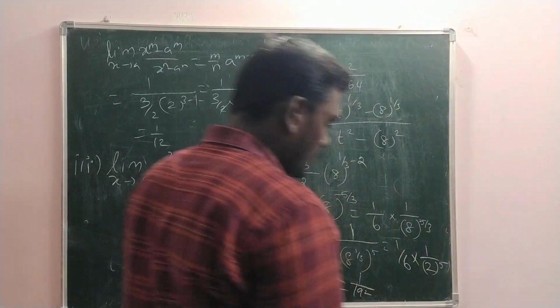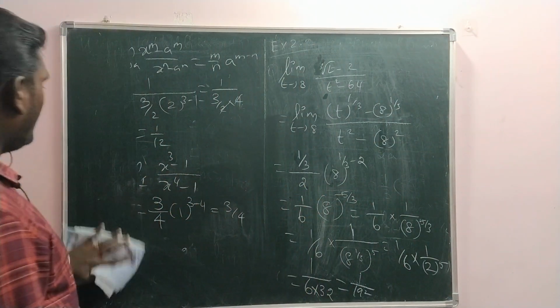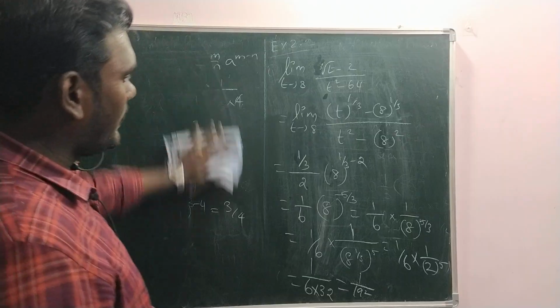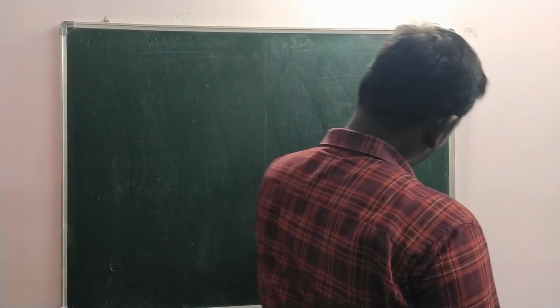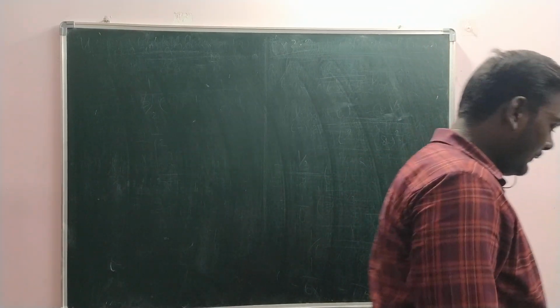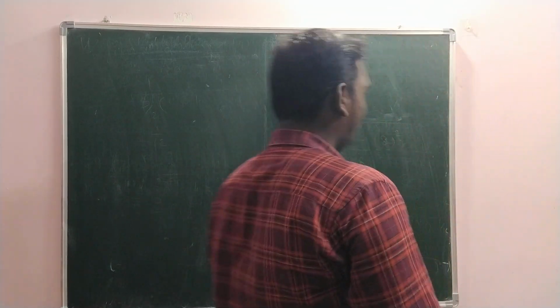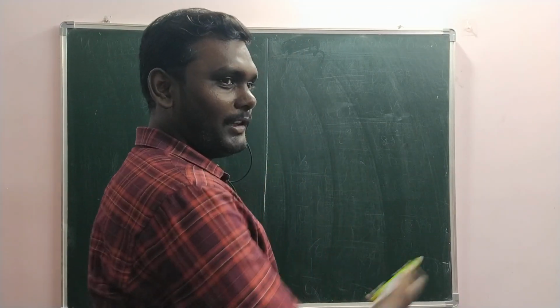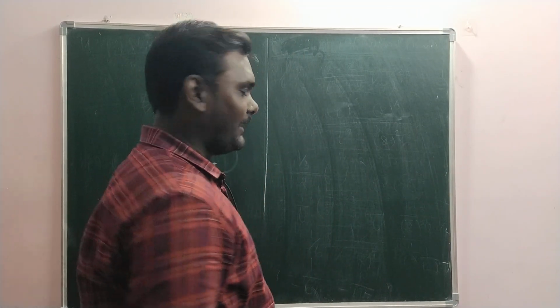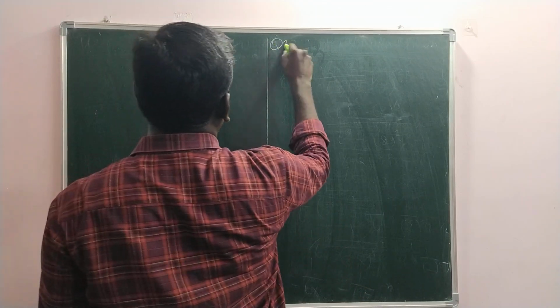Okay, we'll work out, wait. See the second question. What does that mean? You see the second question, what are you thinking? Find the limits. How to find the limit? Second question, first subdivision.